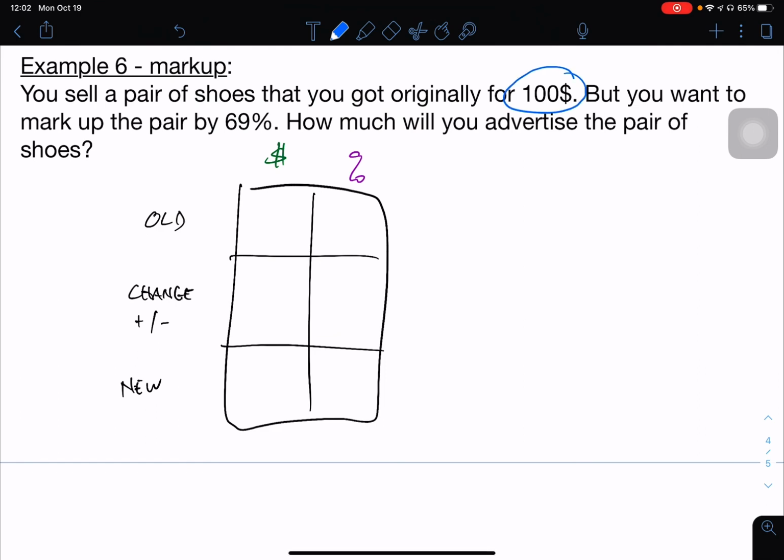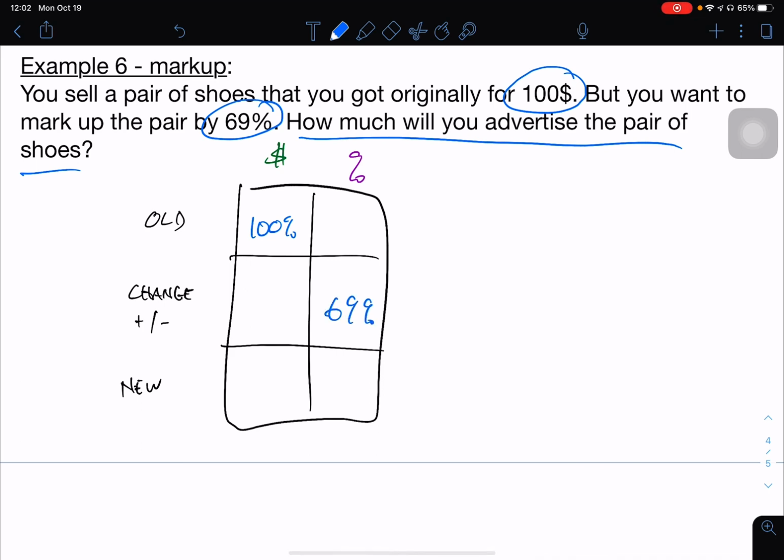So there's $100. You want to mark it up by 69%, and then it's like, how much will you advertise it for? So the original price is 100, and you want to mark it up by 69%. So then you're looking for this new price.